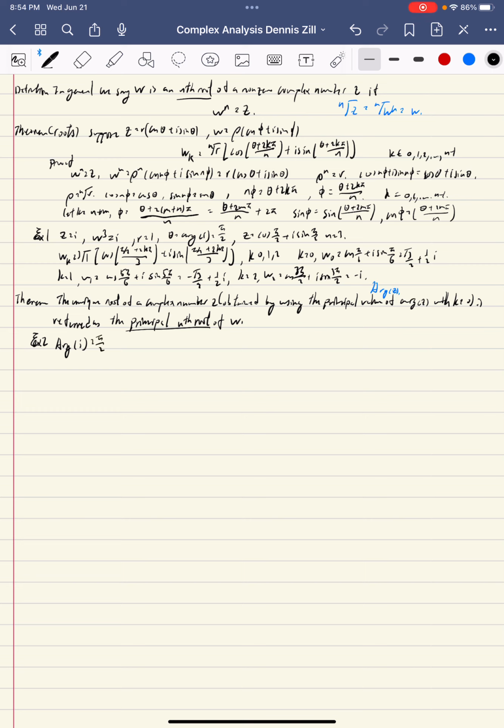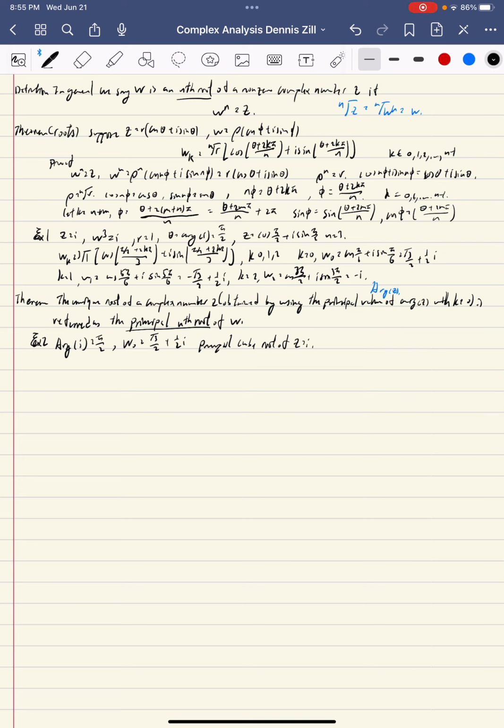And we see that w0, equal to root 3 over 2 plus 1 over 2 i, is the principal cube root of z equal to i.